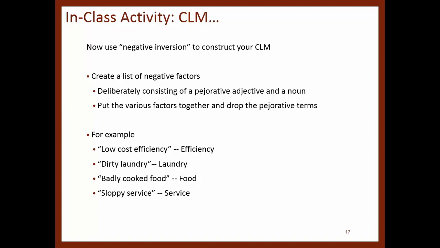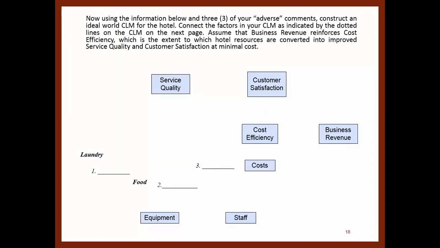So for example, you can see low cost efficiency, so you can think about efficiency; dirty laundry, you can just list it as laundry; badly cooked food, and food; sloppy service, then service; and we're going to use these ones. And you're going to list some of them in this 1, 2, and 3.